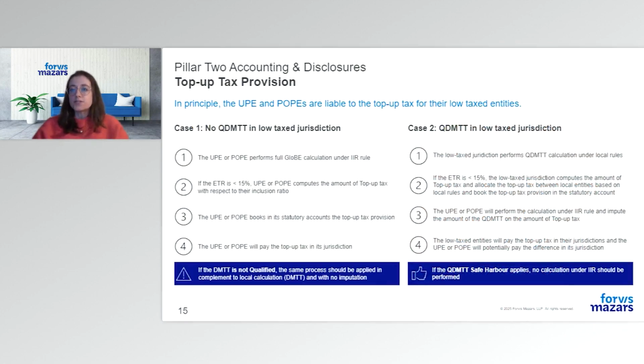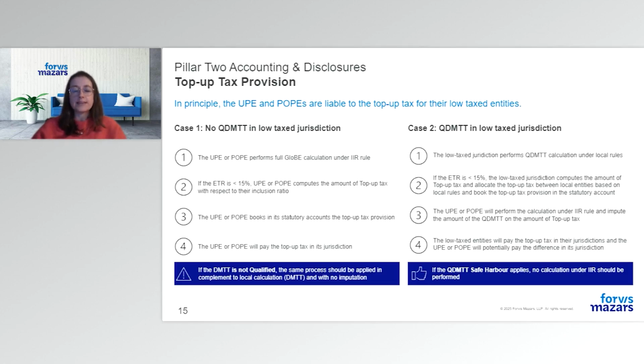So I will try to answer the question that a lot of people have, which is which entity has to book the Pillar 2 tax provision in their financial accounts, and which entity is liable for top-up tax in the end. Right now, there are two cases possible. Case one is that there is no QDMTT, so no qualified domestic minimum top-up tax, in a low tax jurisdiction.